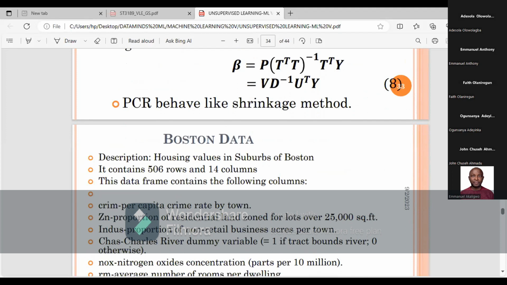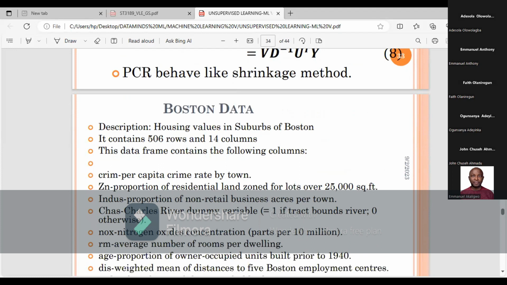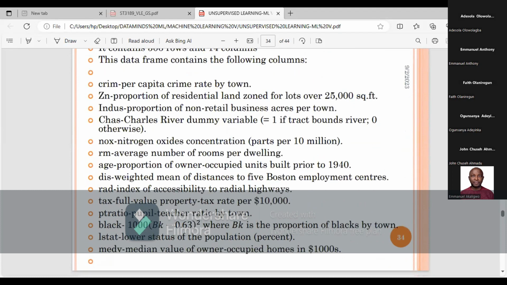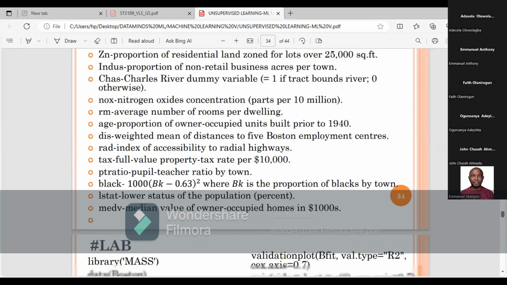So now to demonstrate that, we're going to be using a data set called Boston data. We have used this data set before, so it is a data set we are familiar with, talking about the housing values in the suburbs of Boston. It has 506 rows and 14 columns, and the columns are described as given below.